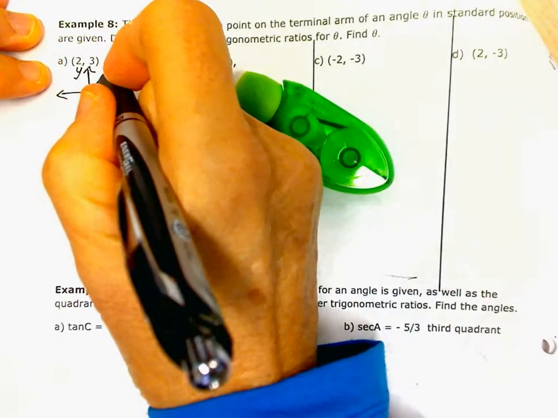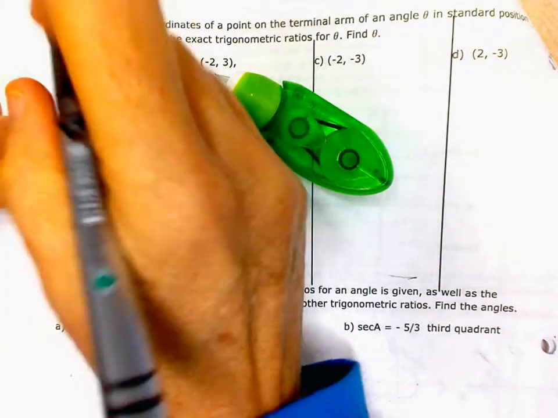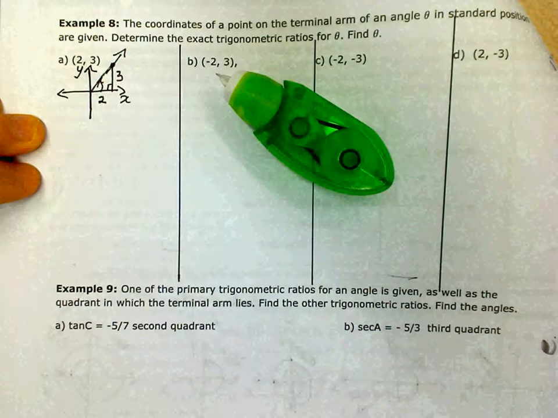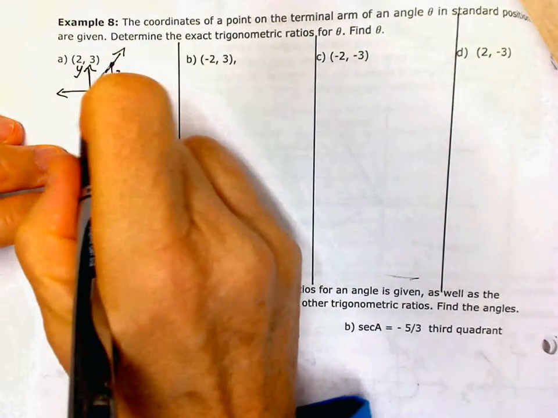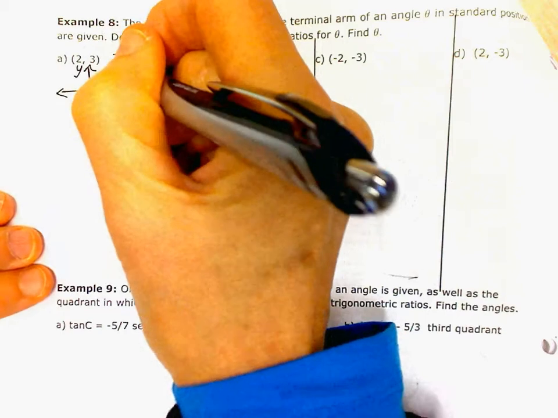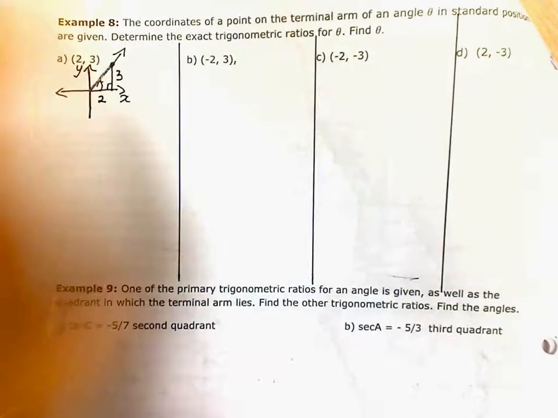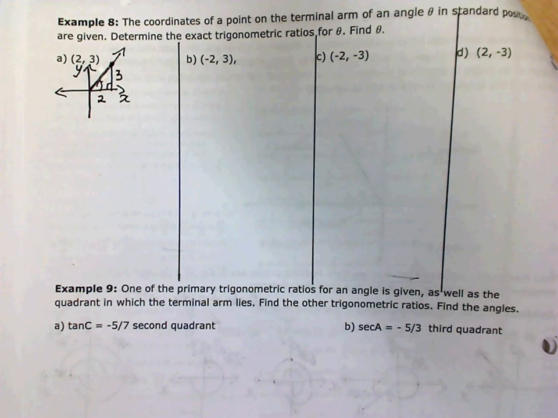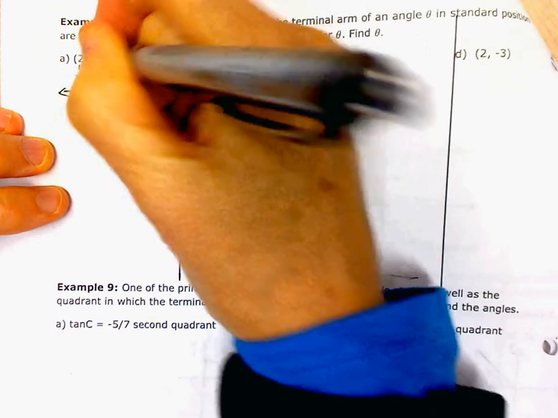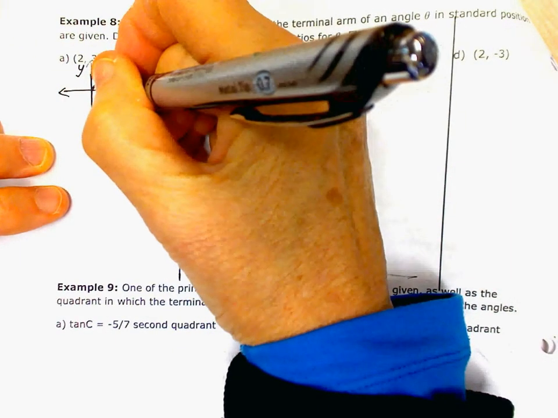Do you agree if this is the point 2, 3, this is 2 and this is 3, right? X value is 2, the height is 3. Can anybody tell me what this is? What is the hypotenuse here? Our hypotenuse is the square root of 3 squared plus 2 squared, which is 13. This is root 13. Agreed?